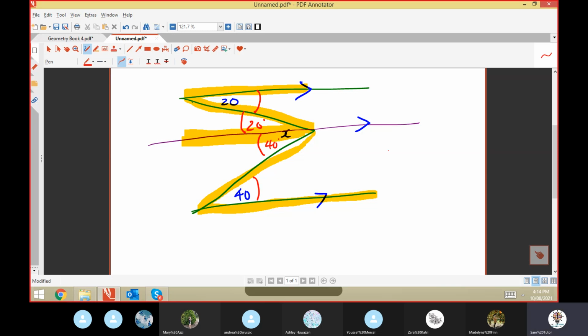And then again, what value is x? x is now quite simply 20 plus 40, which is 60 degrees. Does that make sense? Should we do another one?